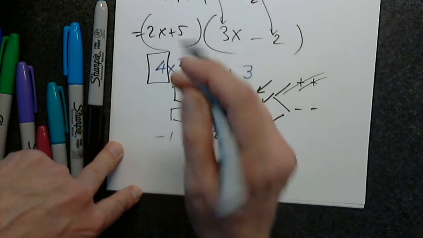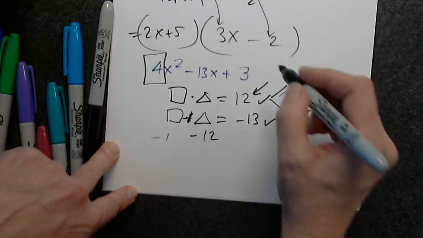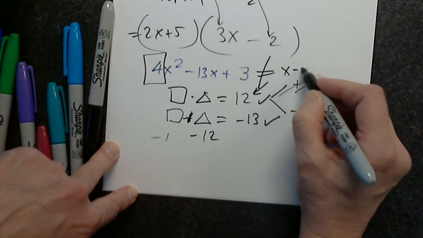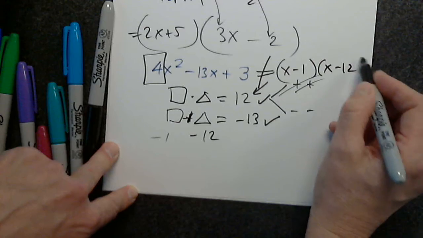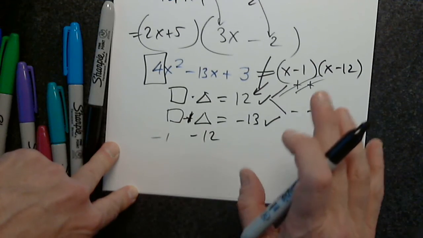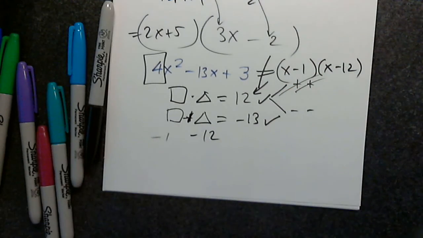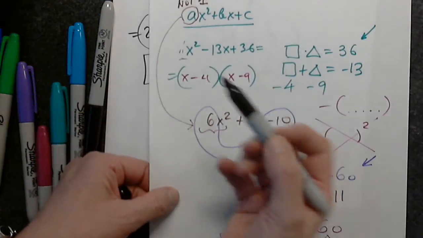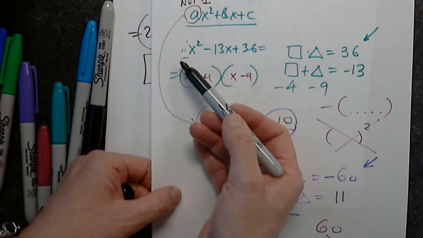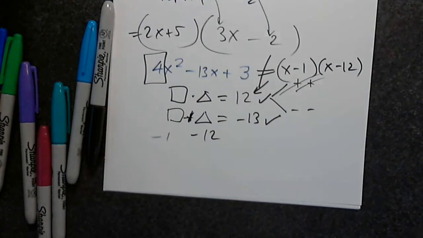Since the leading coefficient is not 1, I cannot write this. This will be wrong. Please do not write that. You can write this only when the leading coefficient is 1. Yes, please. Go ahead. Combine two common factors to multiply those two numbers. It doesn't matter which way you put it. You will get the same answer. You may get it switched, but you will get the same answer.